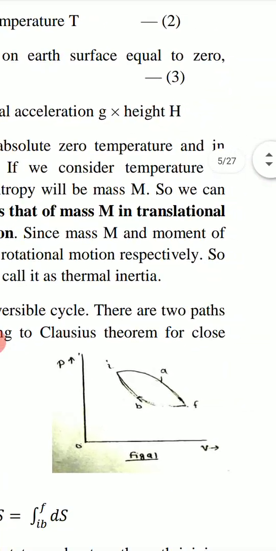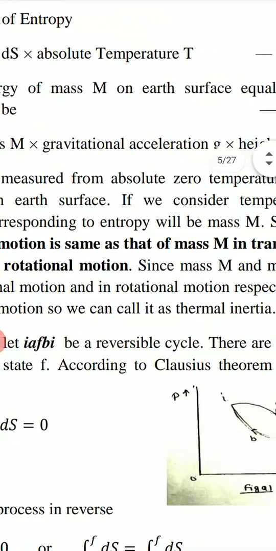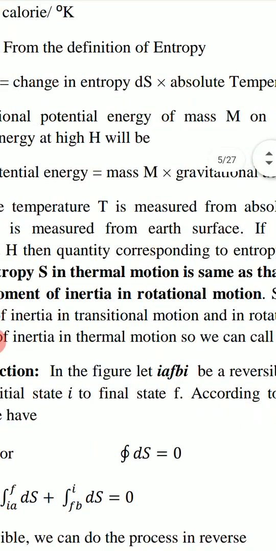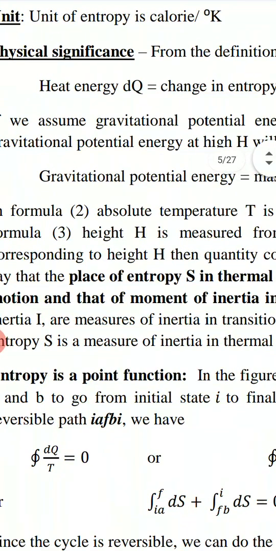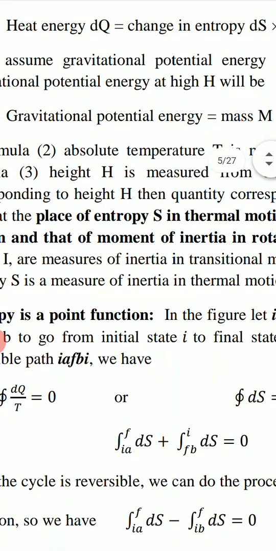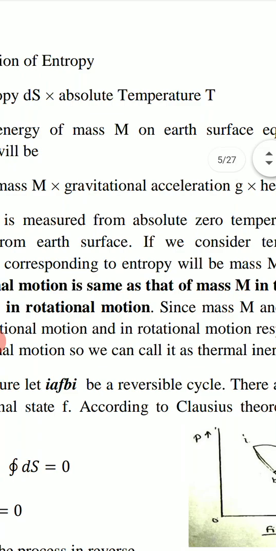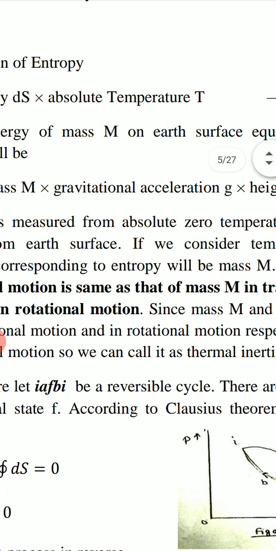If we compare these two equations 2 and 3, first is for dq, heat energy, and second is for gravitational potential energy, then we see that in equation 2 there is temperature, and absolute temperature is measured from 0 degree Kelvin.